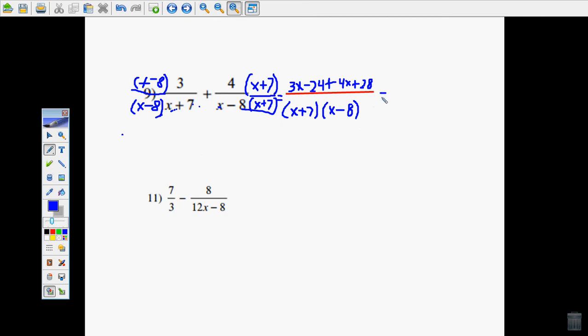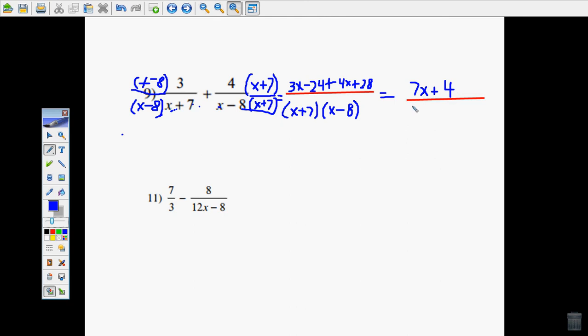And actually with this one, I can take one more step and combine some terms up in the numerator. And so let me make one more change there. 3x plus 4x would be 7x. And negative 24 plus 28 will be plus 4. 7x plus 4.